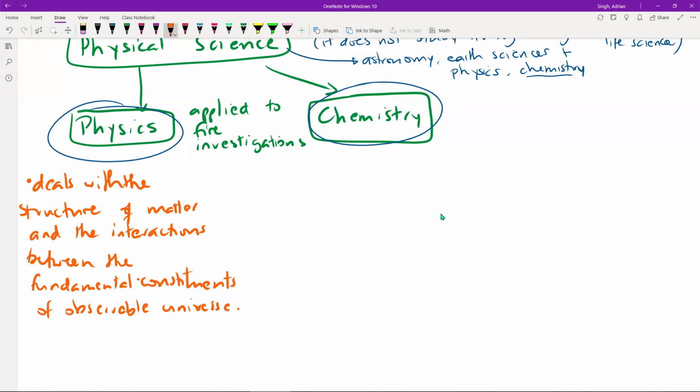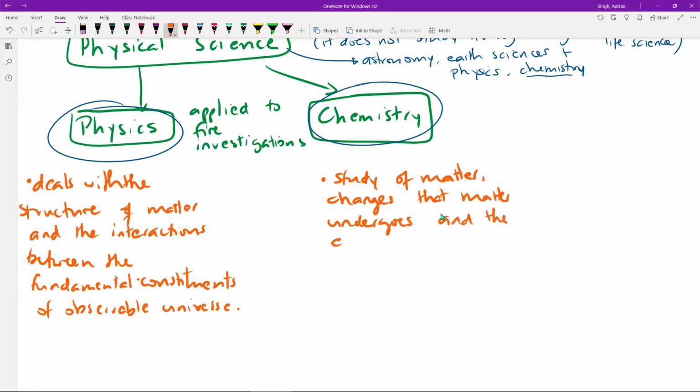So there's a lot of overlap here between what physics is and what chemistry is as well. You can define chemistry as the study of matter, the changes that matter undergoes, and the energy associated with those changes.